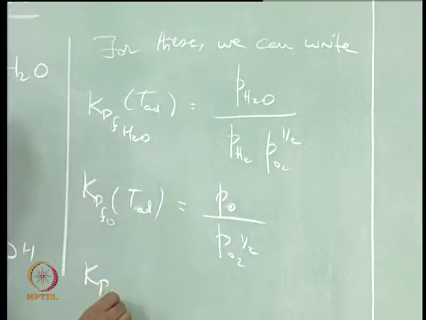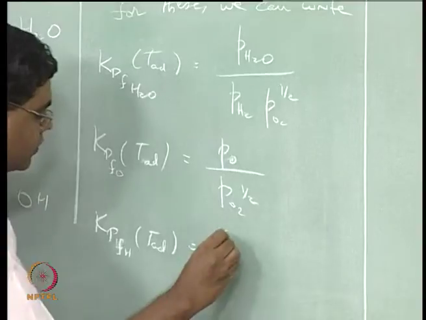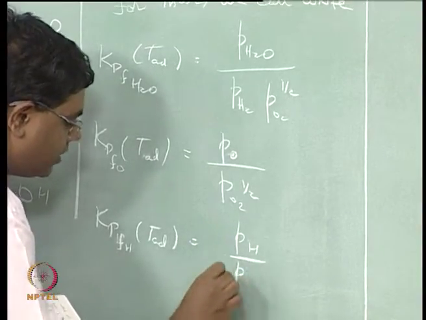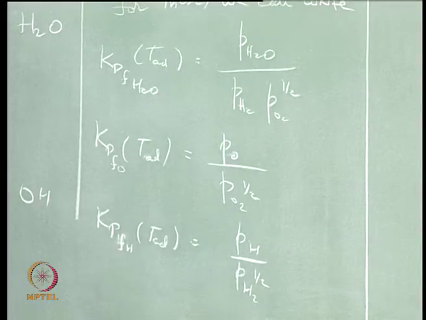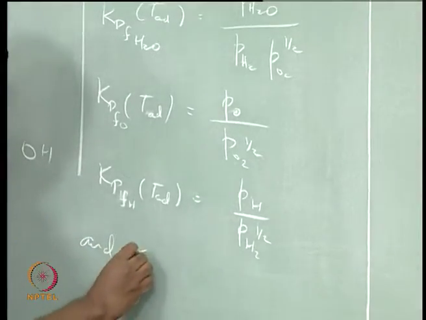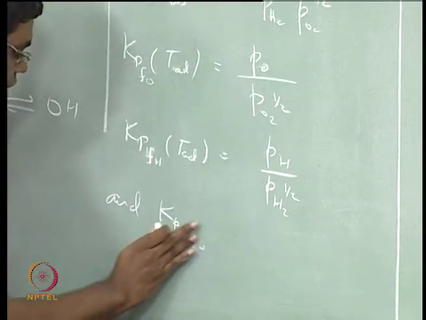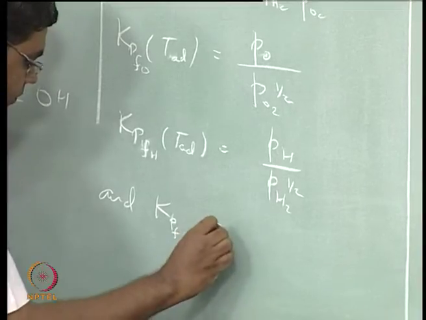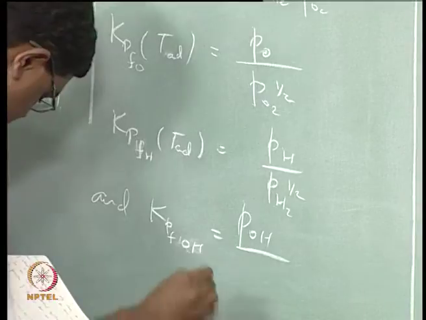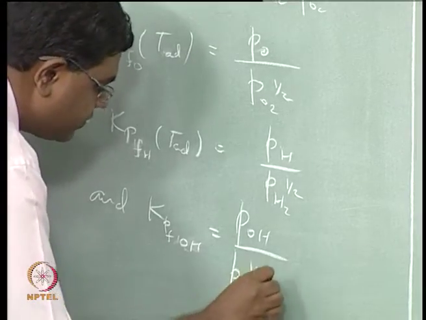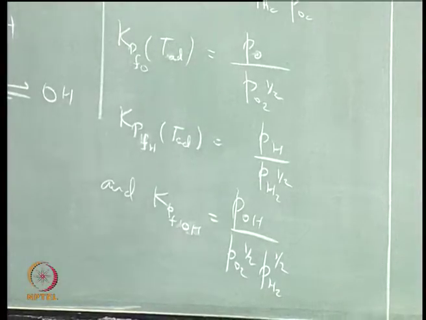Kpf,H at T adiabatic equals pH divided by pH2 to the half, and Kpf,OH equal to POH divided by PO2 to the half times pH2 to the half.